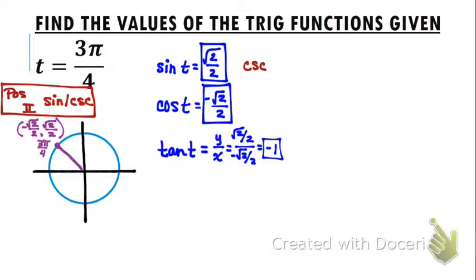What about cosecant? Well, I have square root of 2 over 2, so I'd have 2 over square root of 2, right? Flip it over. But then I have to rationalize my denominator. Yeah, so then I'd have 2 square root of 2 over 2, and that does reduce down to just square root of 2.